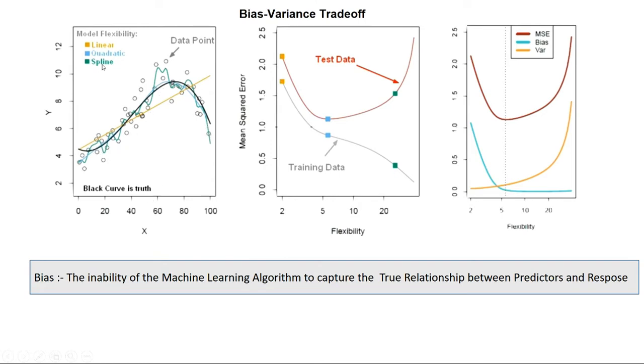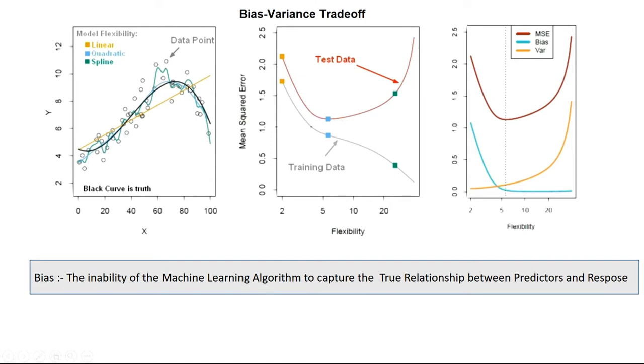The first is a linear fit model, which you can see here with the yellowish line, and then there is a quadratic model, represented by the blue line here.